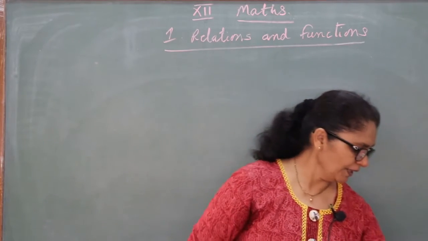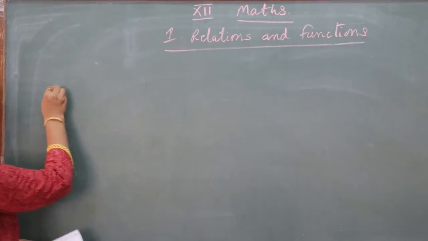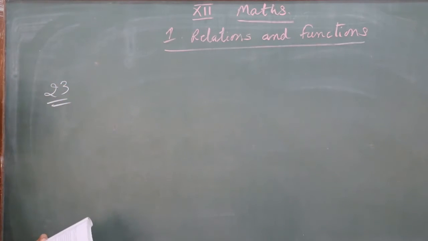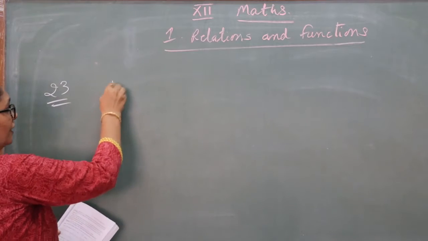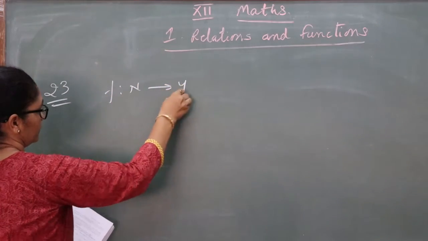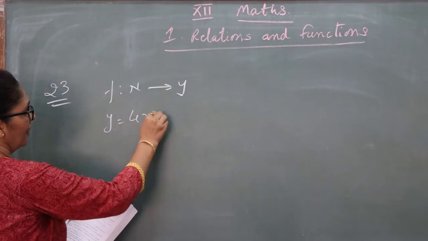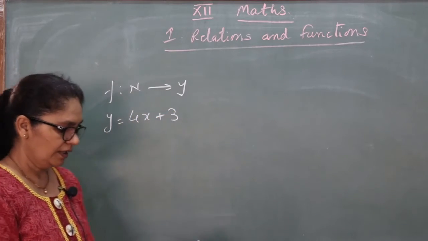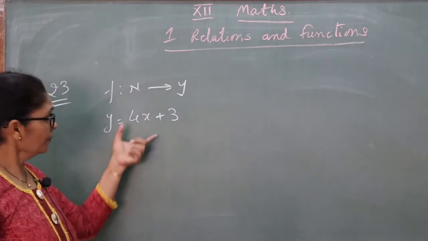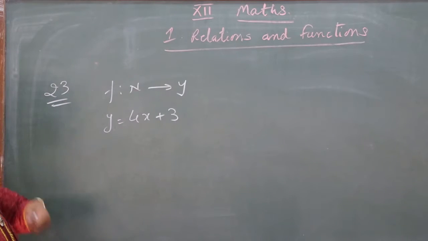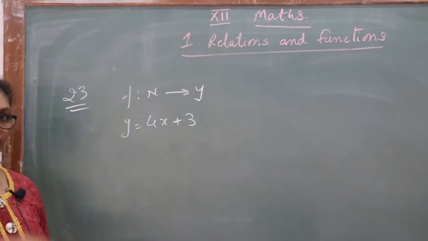Our first example is the 23rd example in your textbook. Okay, check it. A function f from N to Y is given. What is the other thing given? The function is mentioned by this. Now we discuss it in both ways: first with composition, and second with 1-1 and onto.